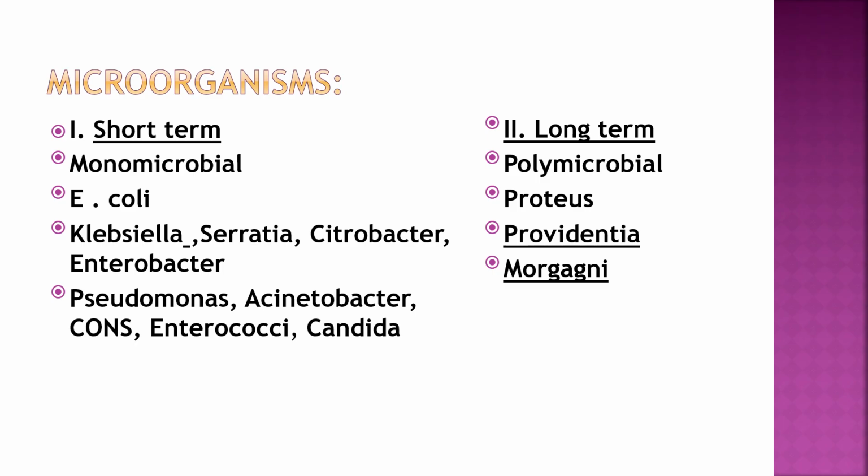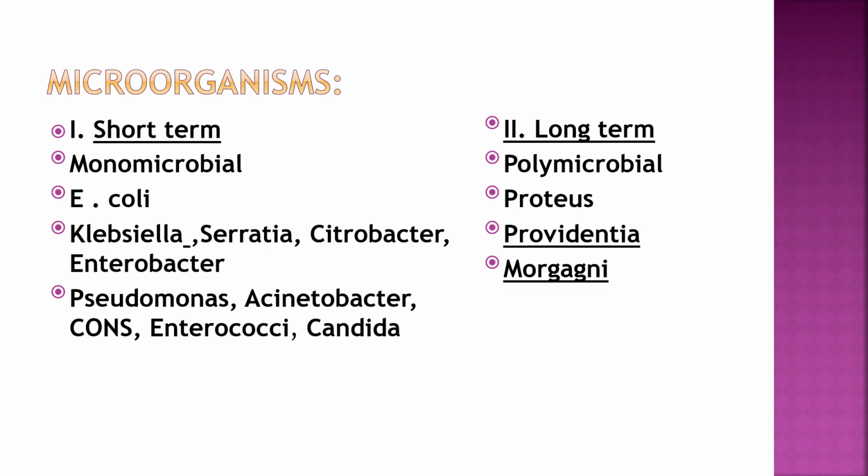Now we will see the causative agents, the microbiological agents causing catheter associated urinary tract infection. If the catheter is placed short term, then it is monomicrobial, that is a single organism is involved, most prominently E. coli, and then other bacteria like Klebsiella, Serratia, Citrobacter, Enterobacter, Pseudomonas, Acinetobacter, CONS, that is coagulase negative staphylococcus, enterococci, and Candida, which is a fungus.